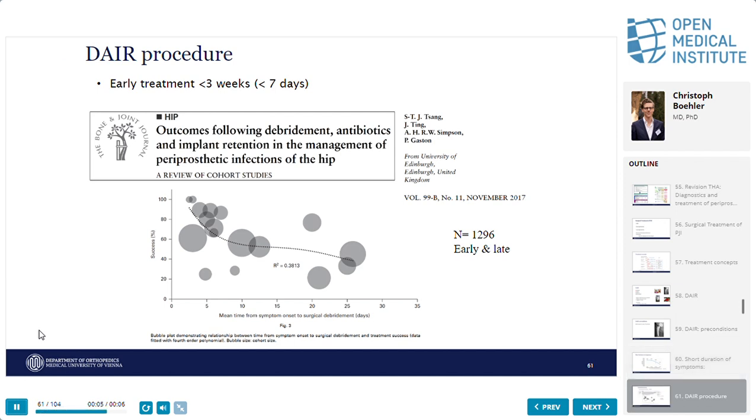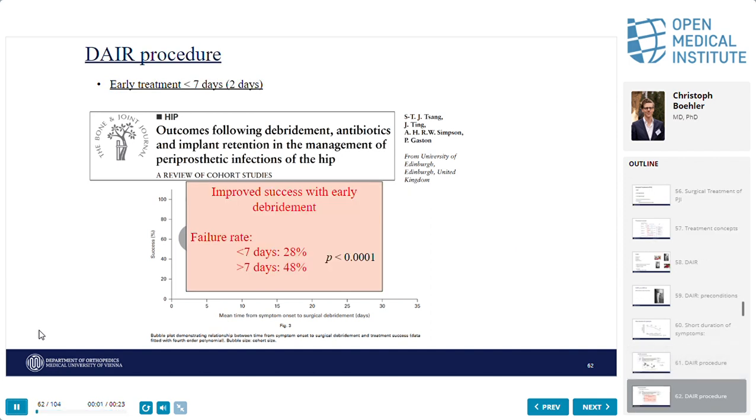And here, the failure rate before 7 days is 28%, and after 7 days is 48%. Okay, this is why we are that aggressive. After 1 week, we would do a one-stage revision, even in the early postoperative phase. Okay, so this is an important number for the 7 days.